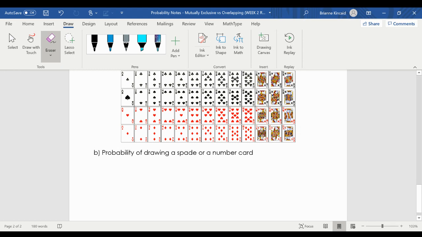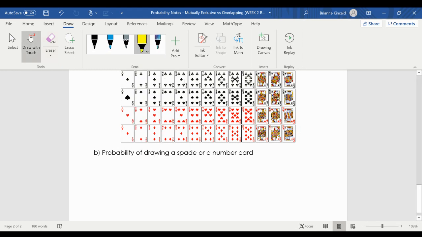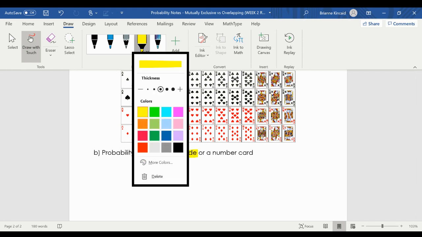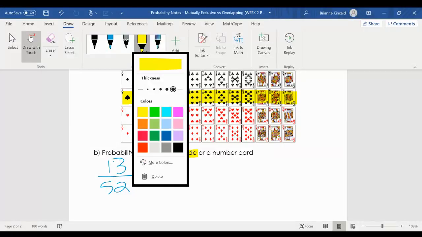And our last example, probability of drawing a spade. So that's going to be these 13 cards out of 52, or a number card.